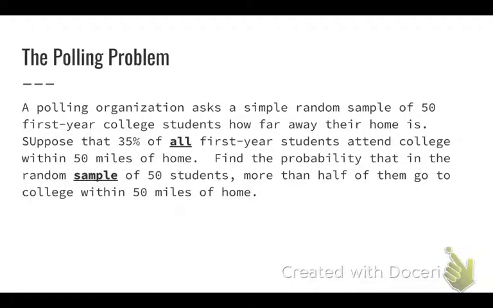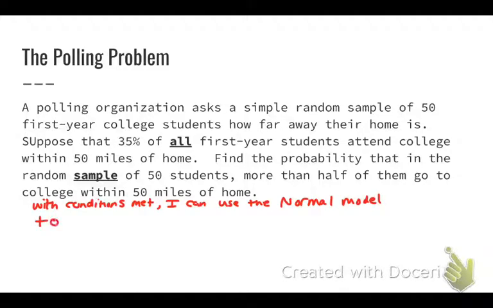So then what I'm going to say is that with conditions met, I can use the normal model to represent the sampling distribution of proportions.